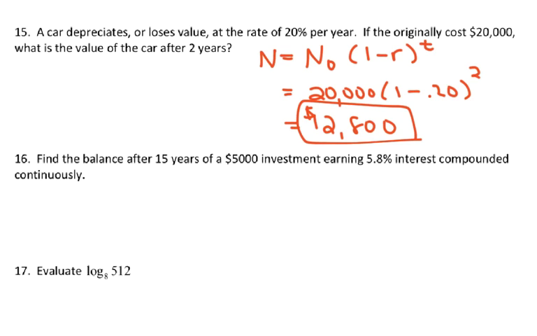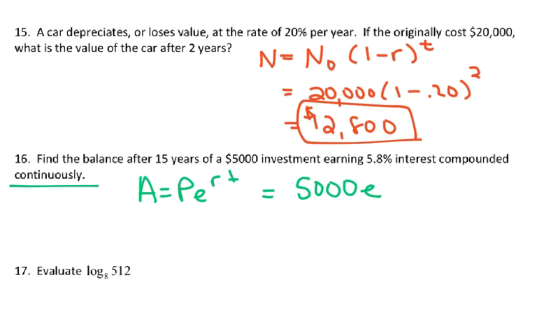Number 16, find the balance after 15 years of a $5,000 investment, earning 5.8% interest compounded continuously. We have two money equations, and you have to pay attention to what the compounding is. For compounding continuously, we use the PERT equation. P is the principal or initial investment.